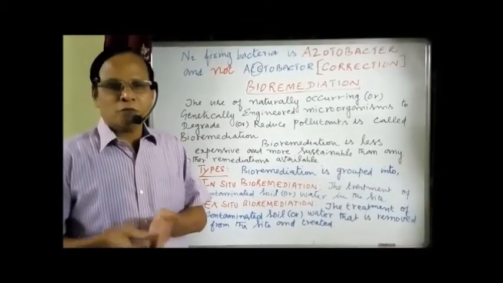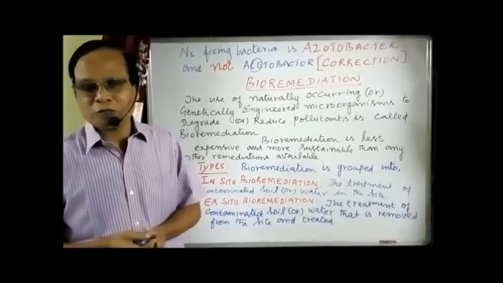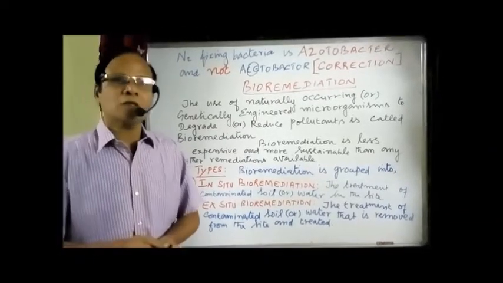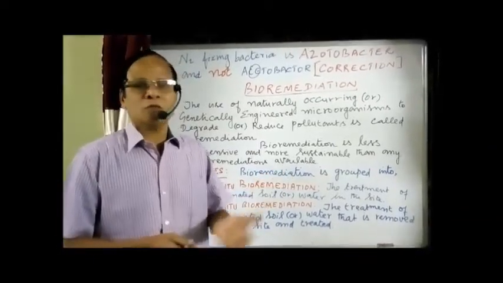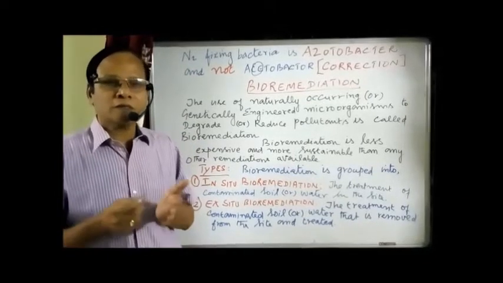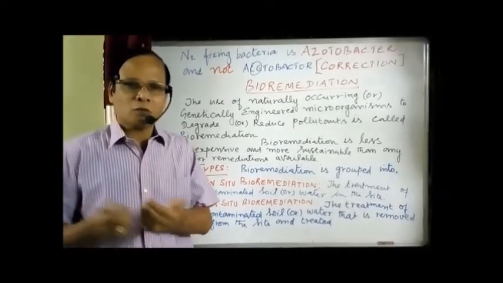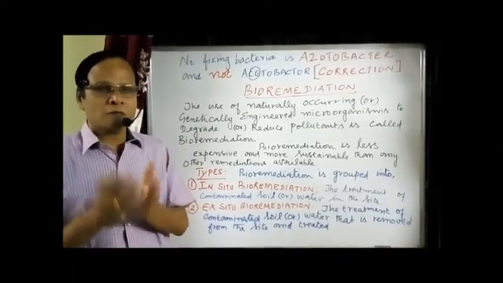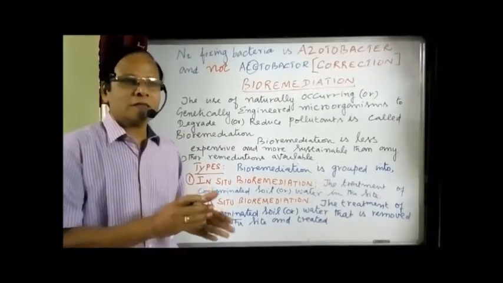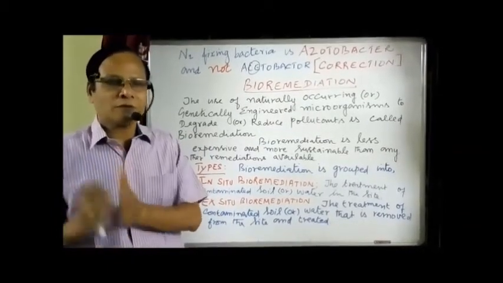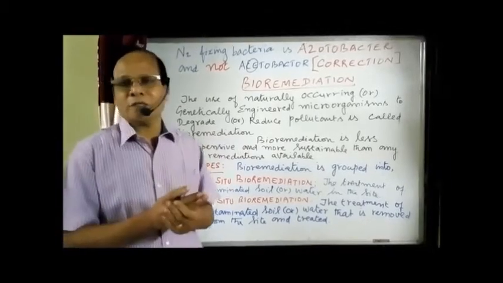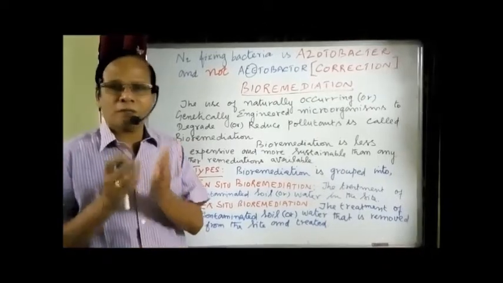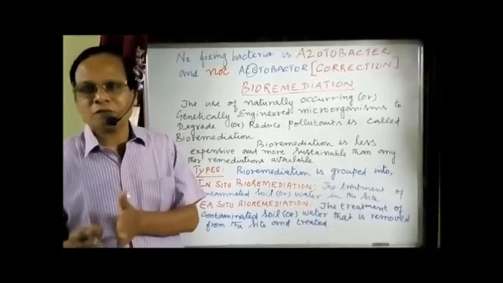In situ conservation means the animals are conserved as such in their original place, for example, Mudumalai sanctuary. Likewise, in ex situ conservation, the animals are removed from the forest and an environment made by human beings is provided, where the animals are kept. That is called ex situ conservation.